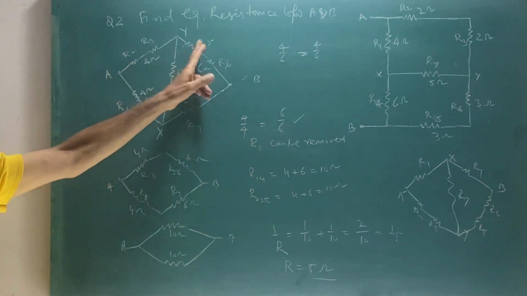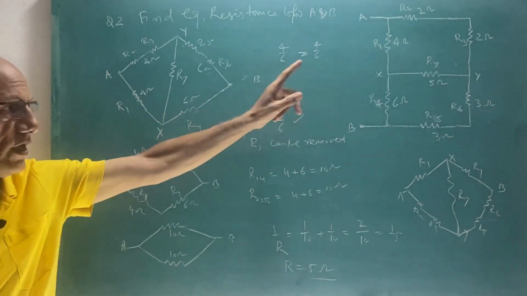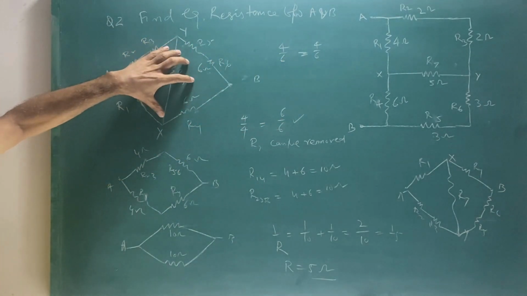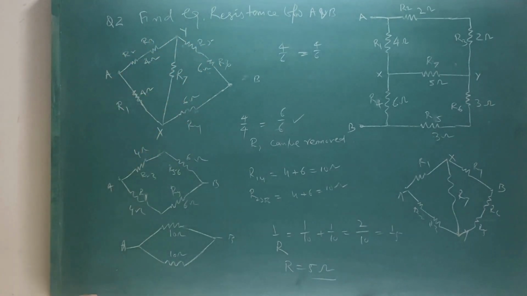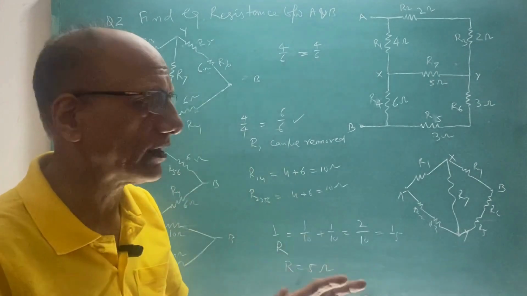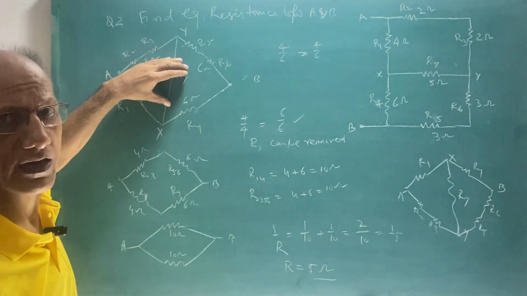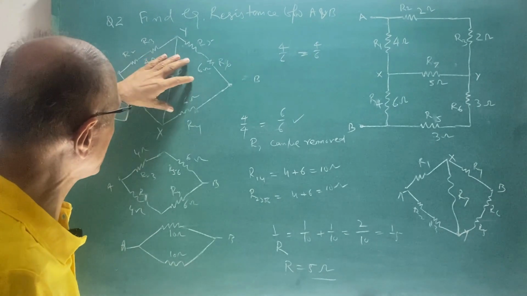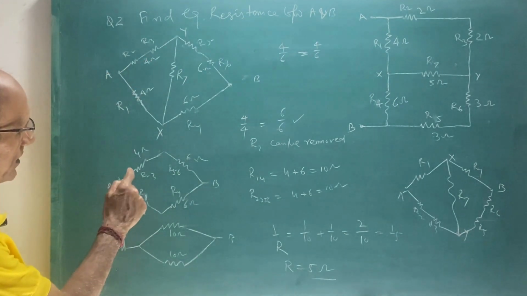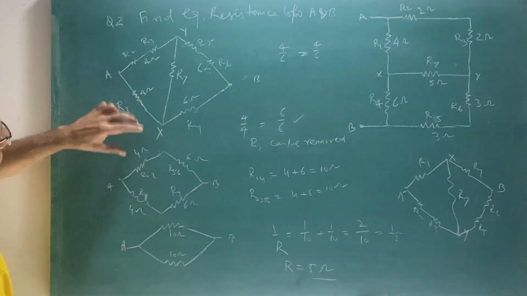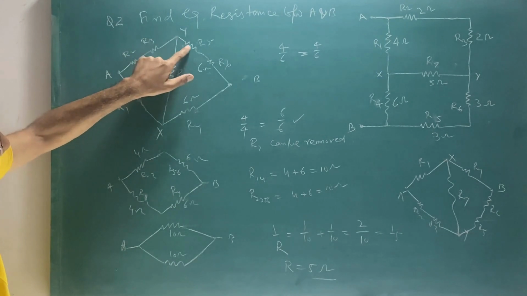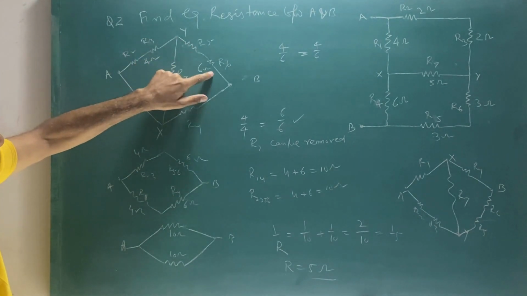or this by this, or this by this way. So that means this can be removed because this network is satisfying the Wheatstone-Bridge condition. So we can remove this R7. After removing R7, our circuit becomes this and this. This is 4 and these are 3 plus 3 is 6.